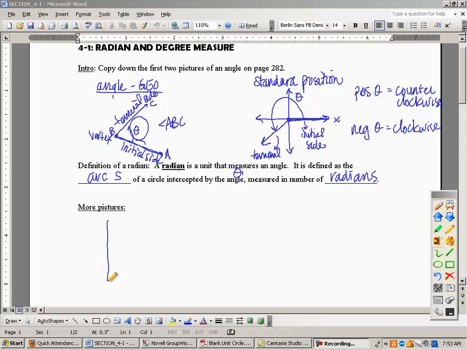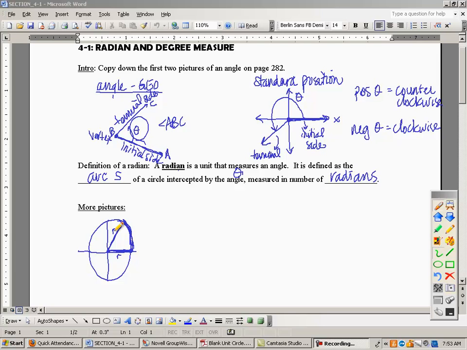I look at a circle that's on the coordinate plane. Basically the distance from the vertex out to the edge of the circle we know is the radius of the circle. Our goal is to find an arc length, a length around the side of the circle, that's equal in measure to this radius. Let me see if I can eyeball this a second. You're looking at maybe about this length.